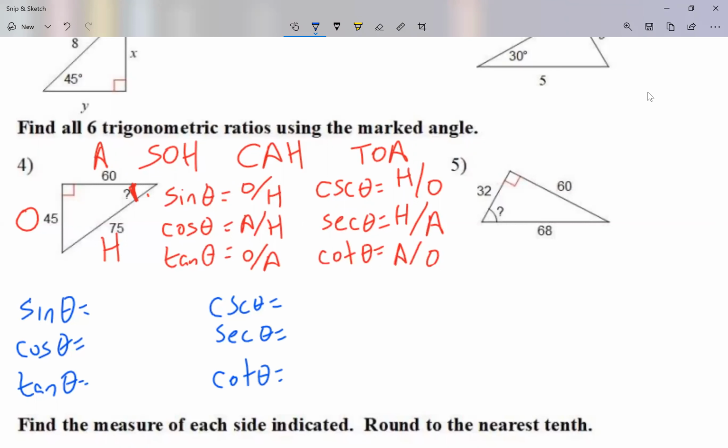I want to answer all 6. Based on my measurements here, sine on this triangle will be 45 over 75. I'll just leave it as 45 over 75. We could simplify the fraction. In my case, it goes to 3 over 5 because I divided each by 15.